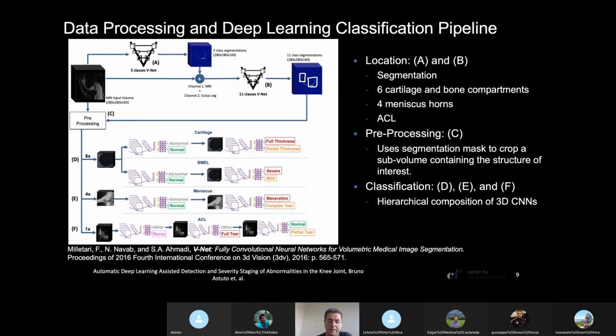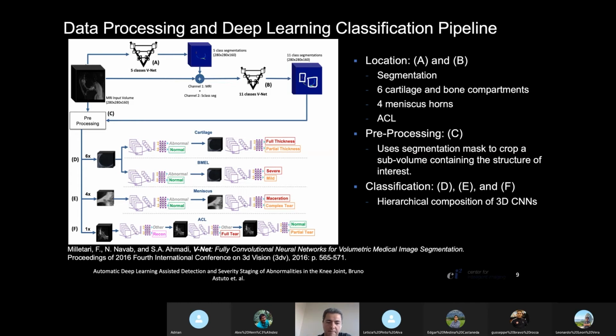Why am I talking about fast reconstruction? Because a colleague of mine was working on a project where he used an autoencoder to reconstruct the image, and one output of this network would be the image reconstruction, and the other output would be the segmented structures as you see here.